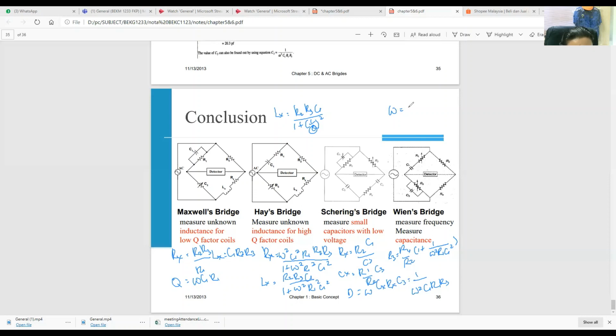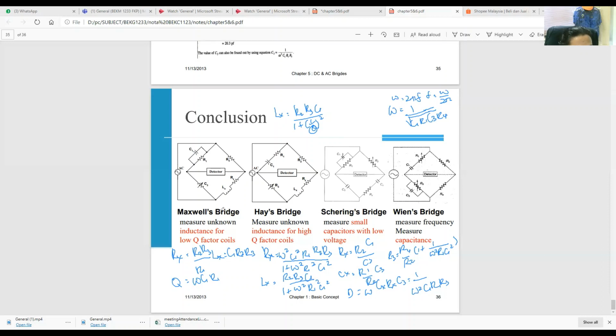Omega equals 2 pi f, so to find the frequency, f equals omega divided by 2 pi, and omega is 1 over the square root of C1 R1 C3 R4. That is a formula you have to remember.